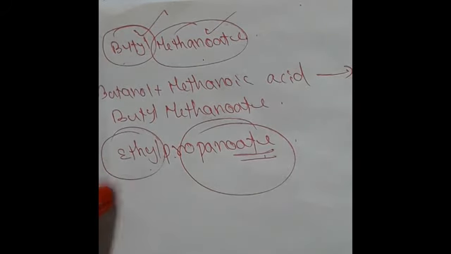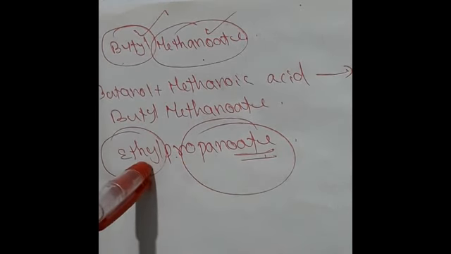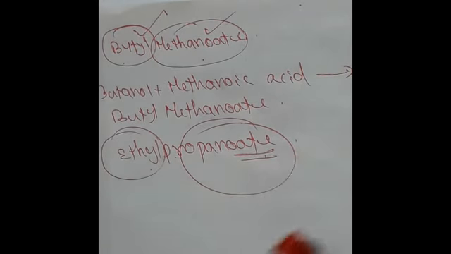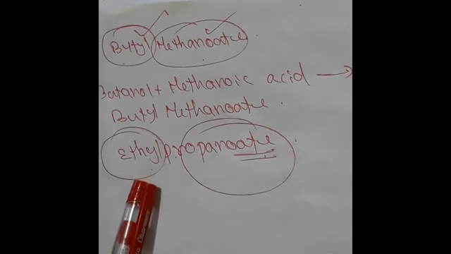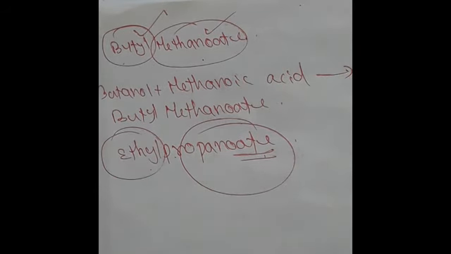Similarly here, ethyl means ethanol, and propanoate means propanoic acid. So this ester is made from ethanol and propanoic acid. Clear?